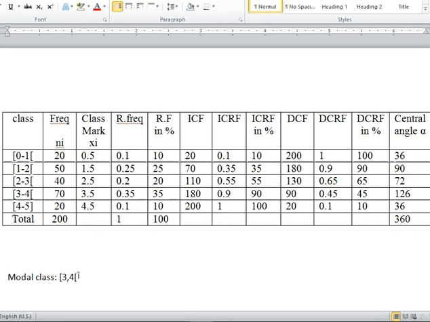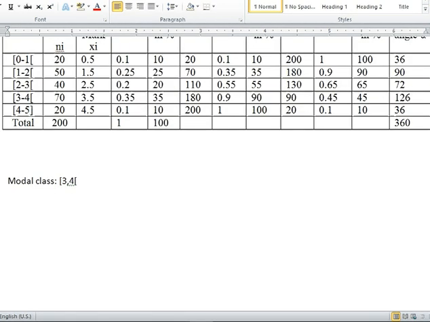Since I can't know the most frequent value here, because it's an interval and not a specific value, you have to use a formula to find the mode algebraically.